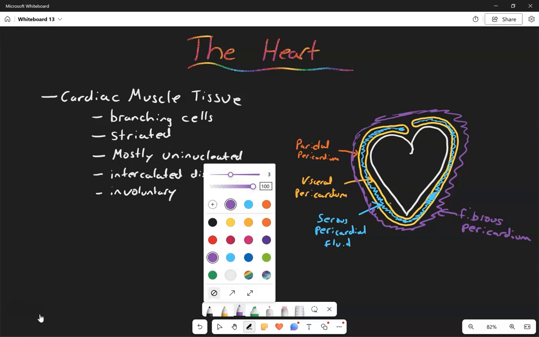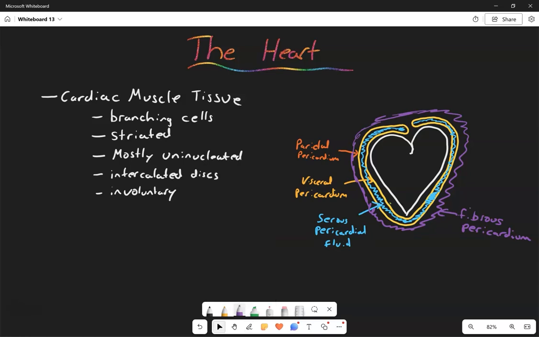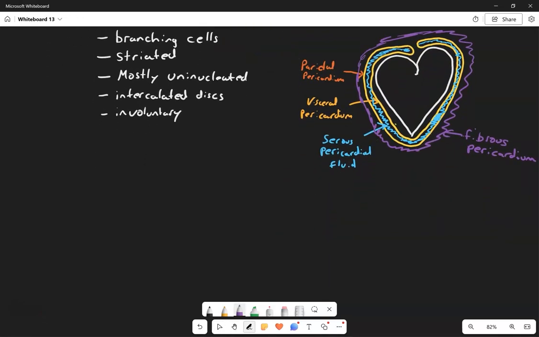So if we sort of take a cross section through that, what we'll see is that we'll sort of slide this down, right? Is we'll say that this is superficial over here. Okay? And we'll start with our fibrous pericardium, right? So this is our fibrous pericardium. Okay, so that's this layer out here.